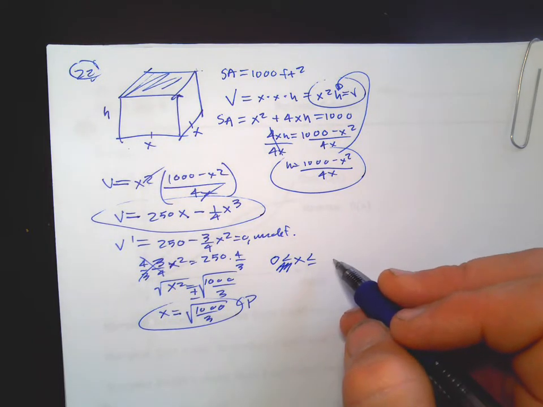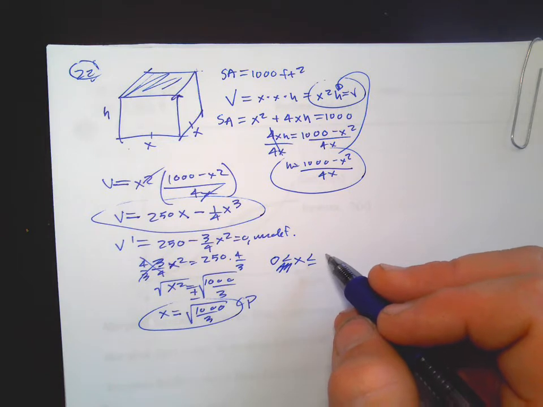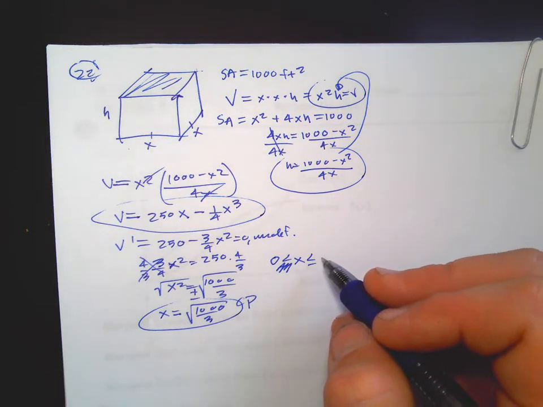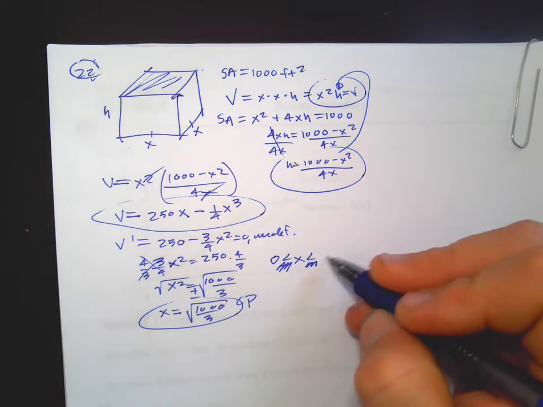Well, what's the smallest h can be? h can be really, really short, and then that gives you all the rest of the material for the base. So as h gets smaller, x gets bigger. h can get tiny, really short, and then to make up for it, x would have to get bigger and bigger and bigger. So can x go to infinity or something like that?